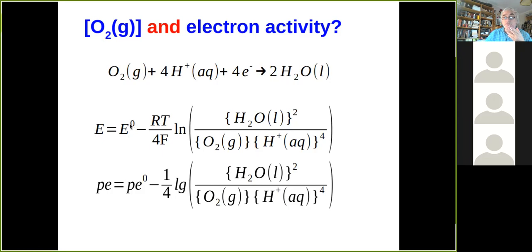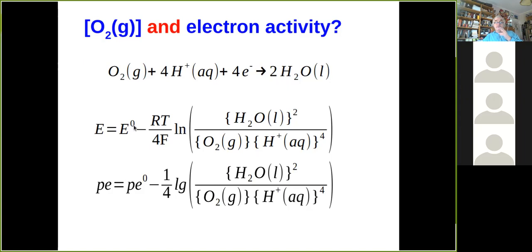In many textbooks, this naught is given with a horizontal line over it, but this is just a normal 0 digit, and I mean the standard reduction potential in this case. I don't have easy access to this special symbol.